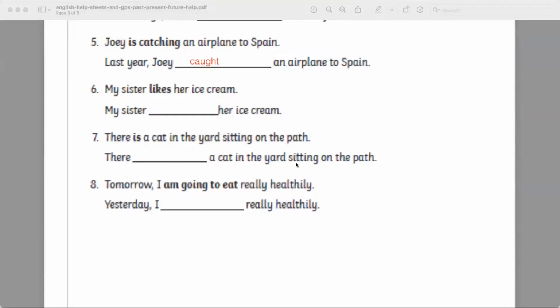And number 6, my sister likes her ice cream. How would that be in the past tense?